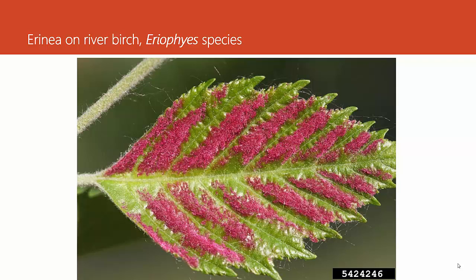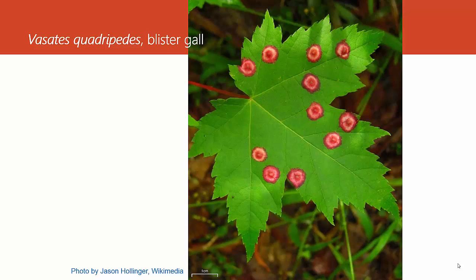Russeting and deformation of fruit can also be caused by these types of mites. This is a type of Erinea gall on river birch. I don't think this is a local condition, but at least you can see what an Erinea type gall would look like. And then sometimes on maples, you'll see these blister type galls also caused by an Eriophyid mite.